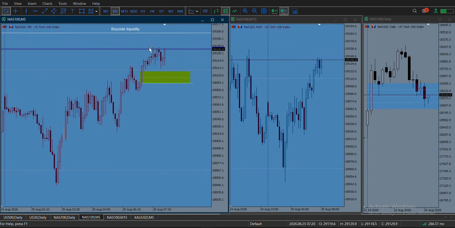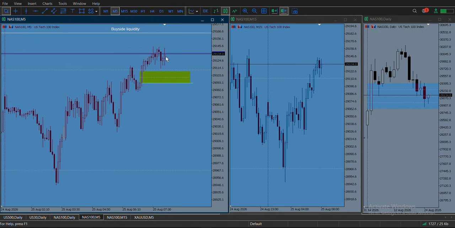So I think I want to be looking for a long position here now, around here now. So it is retracing back to 133, 134s. And we've not traded back into this inefficiency here so far.